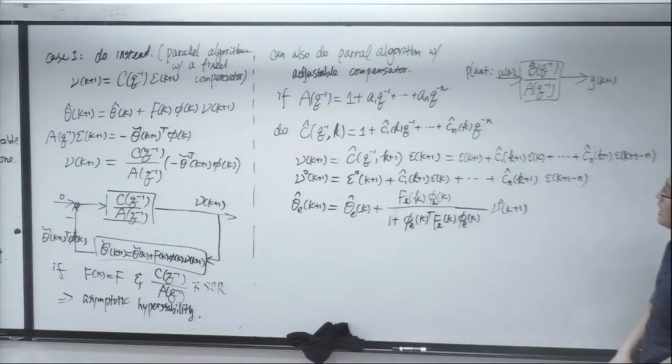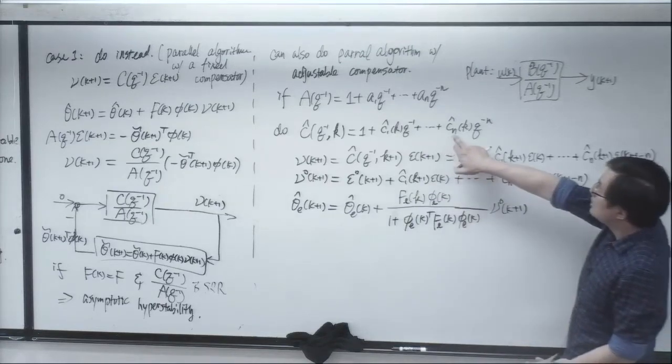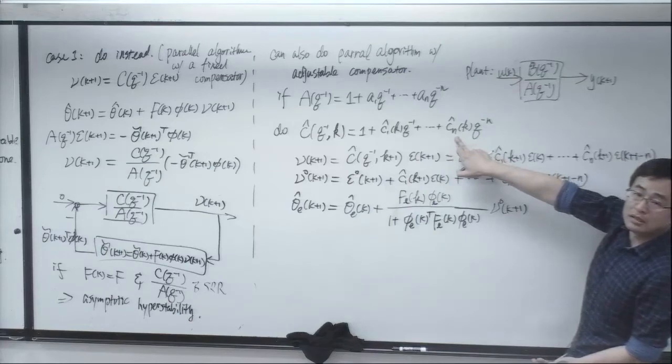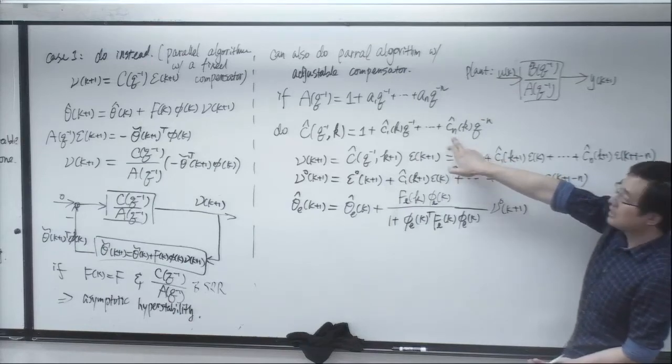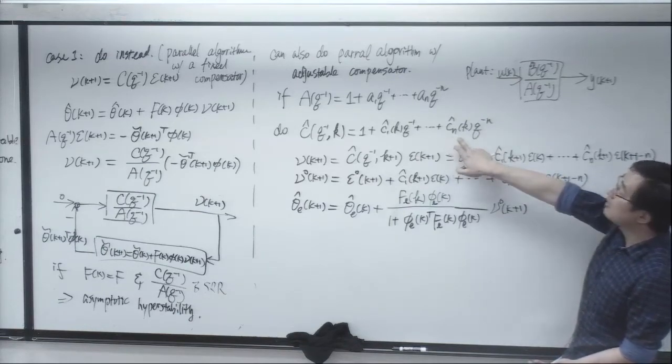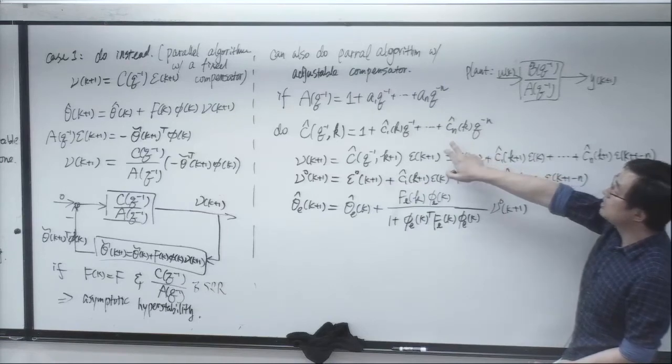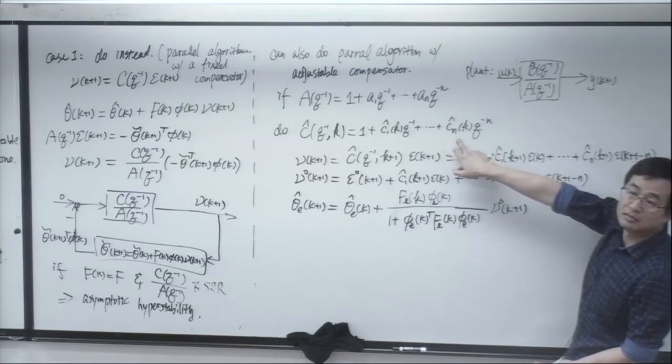But we should do something else, slightly more carefully in this case. Because C is also changing, right? So this is also something that's changing at every time instance. And we need to have a way to update them.